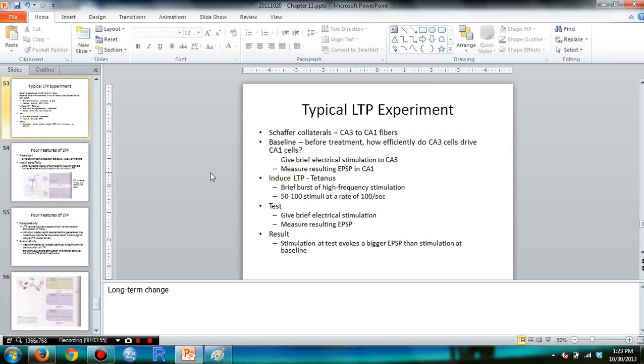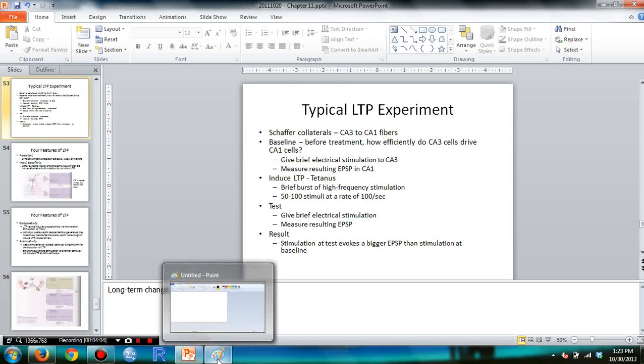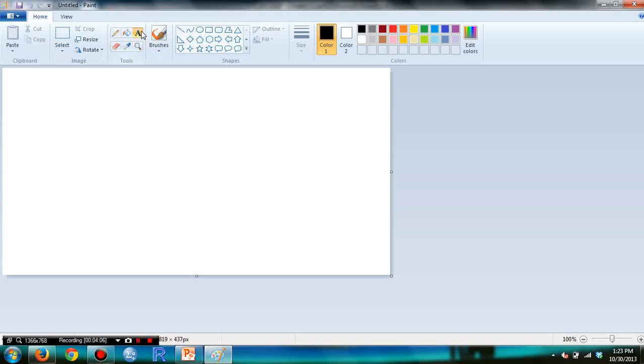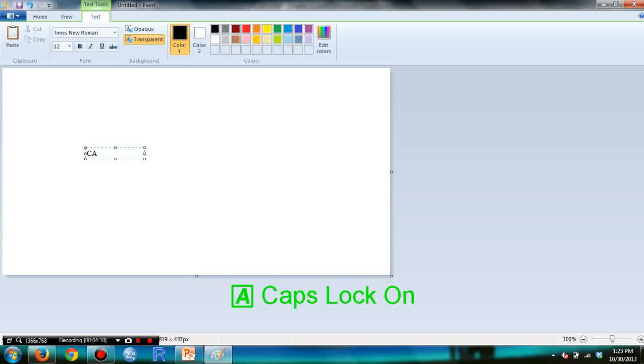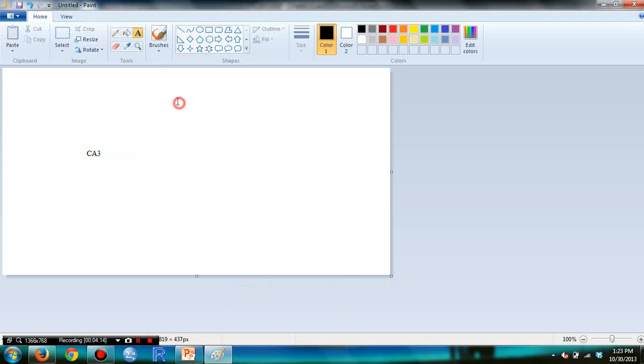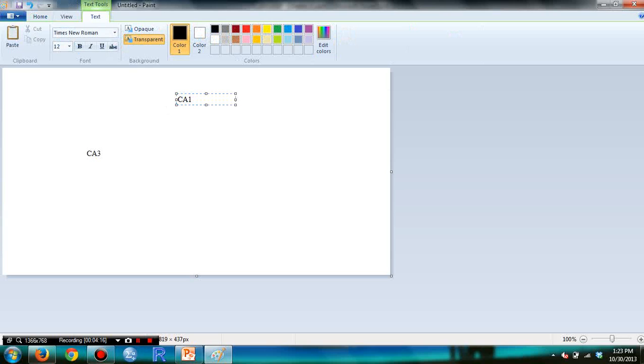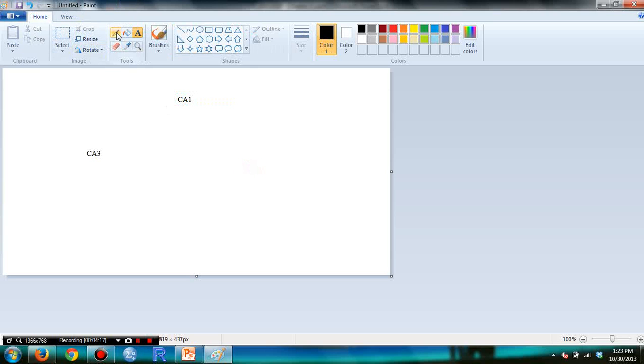So there's an area called CA3, and there's an area called CA1. And CA3 has these neurons that send these long axons over to CA1 neurons. And here's our CA1 neurons, and they have these dendrites that kind of hang like this.